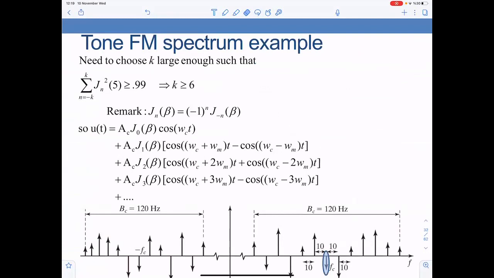To be specific, Jn of beta is equal to (-1)^n J-n of beta. So it is symmetric. So in the case of beta equals 5, if you look up the table and plug in the values, you see that to collect 0.99 or more, k equals 6 is sufficient.